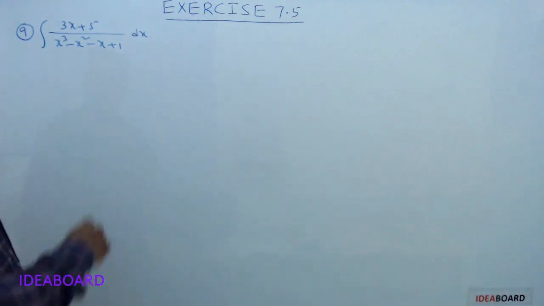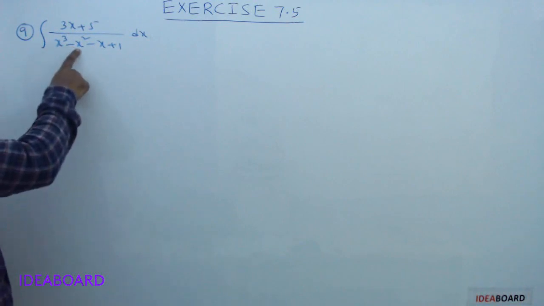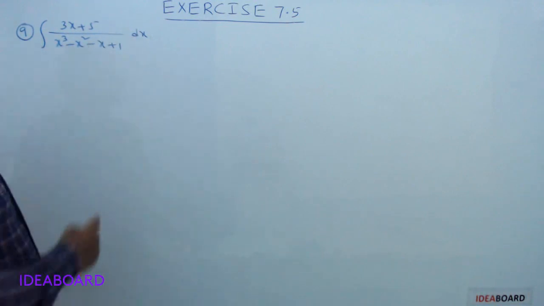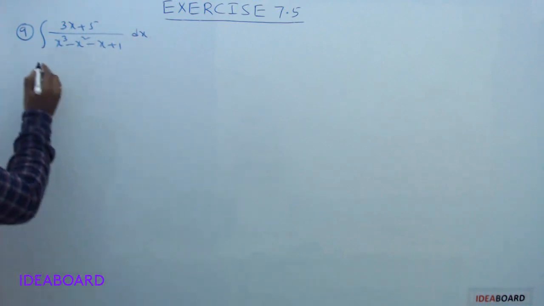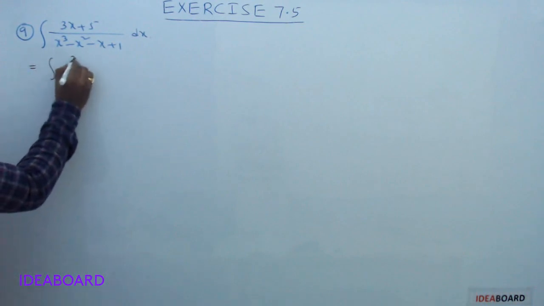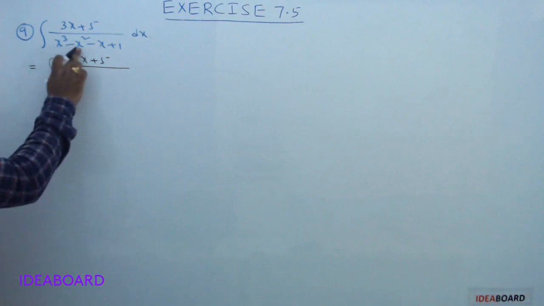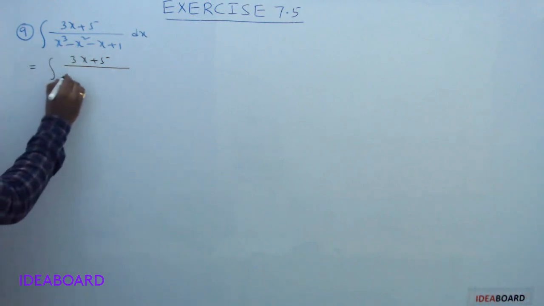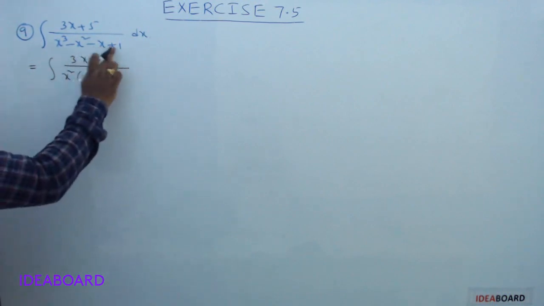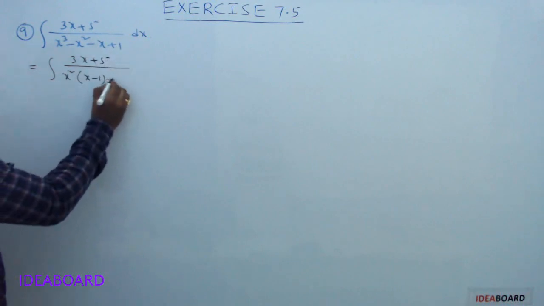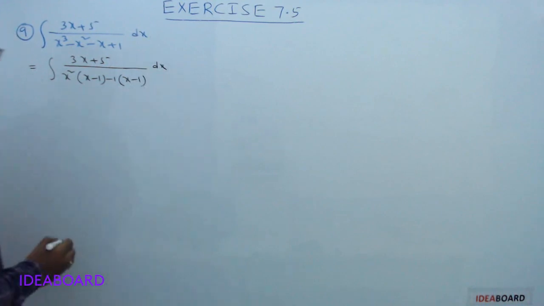Now come to the next problem. Integral 3x plus 5 divided by x cube minus x square minus x plus 1 dx. First simplify the denominator. Now this is integral 3x plus 5 divided by, take the common factor x square from the first and second terms in the denominator, x square into x minus 1, take minus 1 common from the third and fourth terms, this is minus 1 into x minus 1 dx.